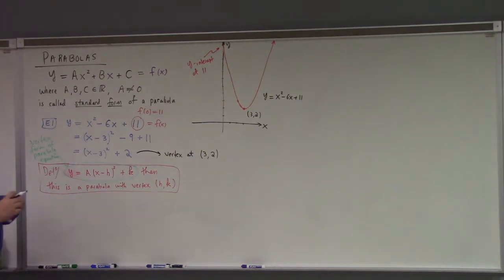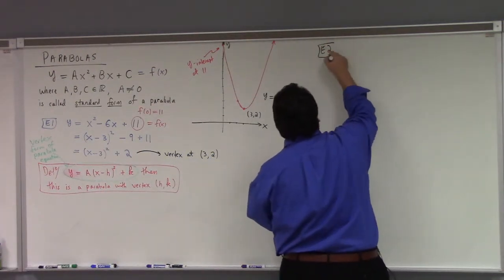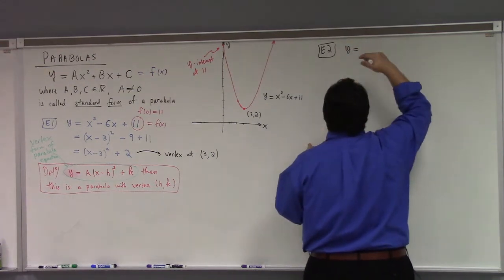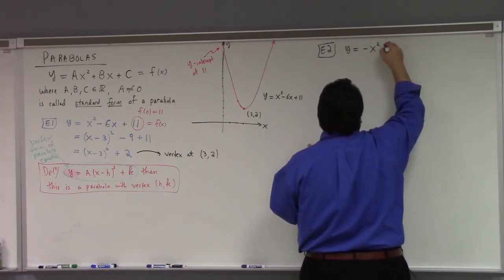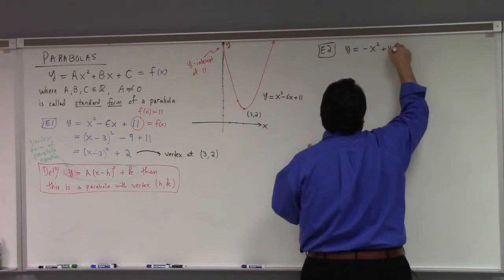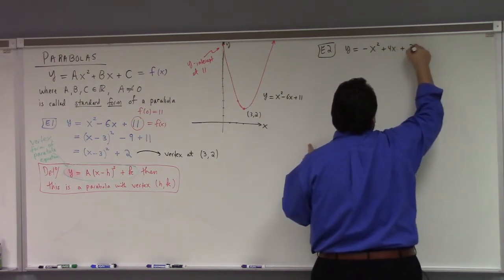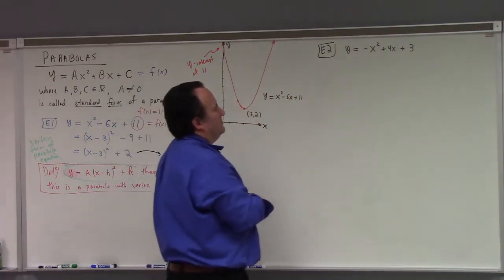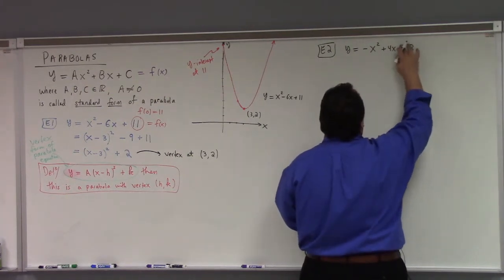Let's look at another example. How about y equals minus x squared plus 4x minus 3.